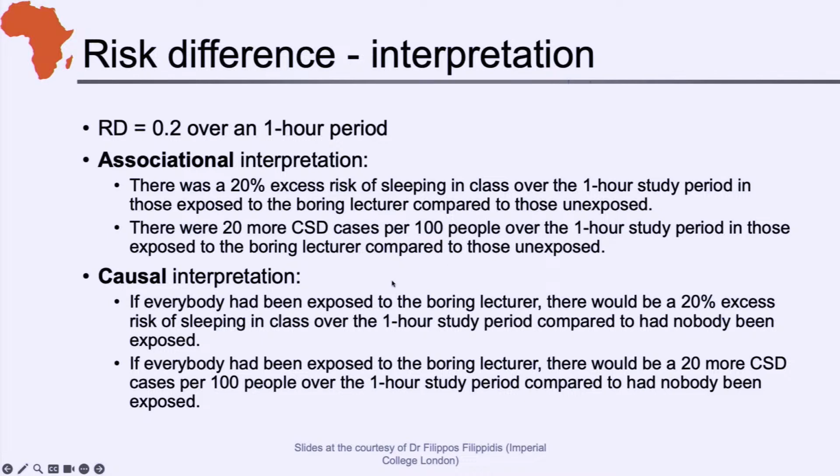In causal interpretation, you would be able to say that if everyone had been exposed to the boring lecturer, there would be a 20% excess risk of developing the sleeping disorder in the class over the 1 hour period. Or you could say if everyone had been exposed, there would be 20 more CSD cases per 100 people over the 1 hour period.